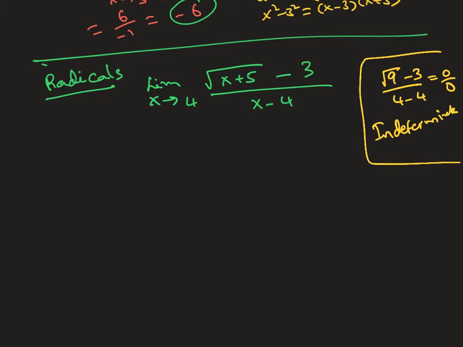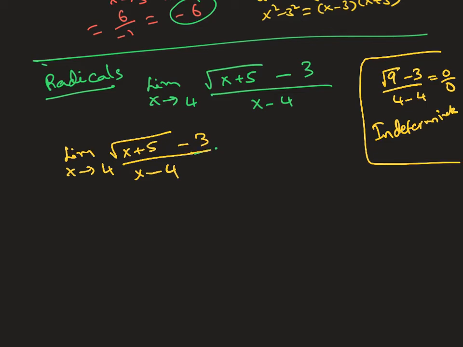And here, if you go back up and look at it, the method says that if you ever have a function that involves radicals, if you want to evaluate the limit and it's indeterminate, then make sure you rationalize.